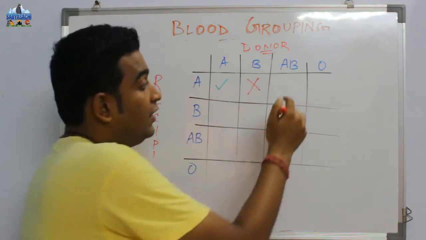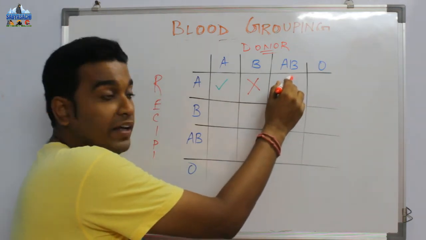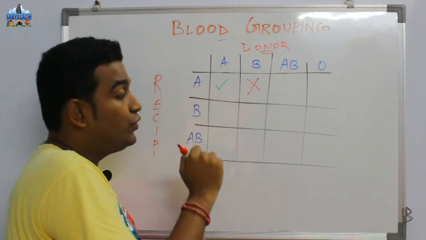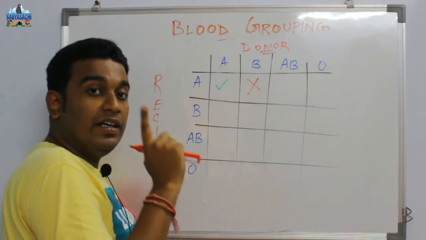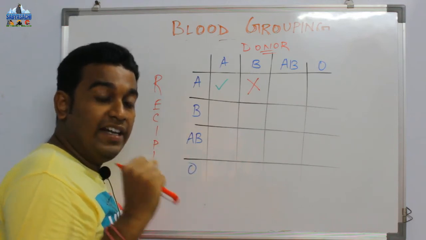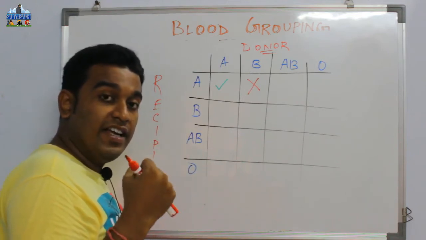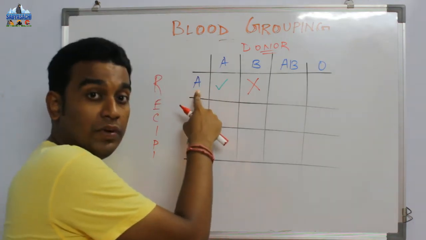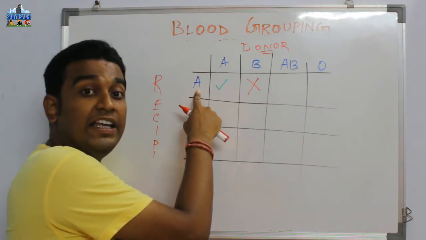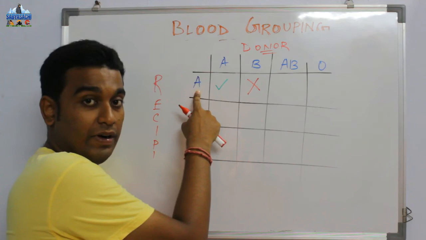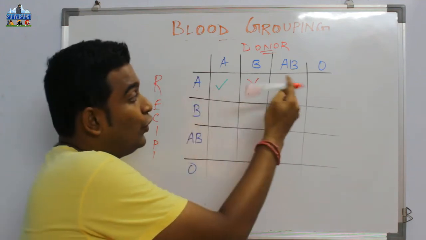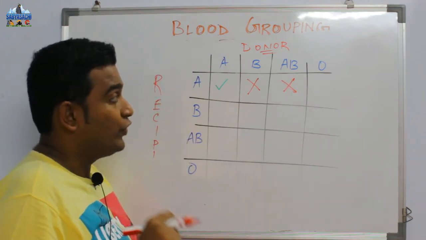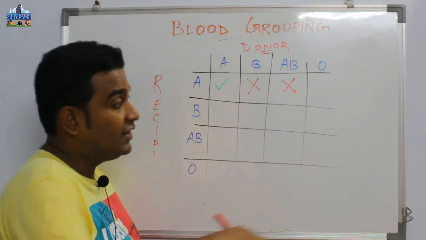AB. If AB blood is being donated to the A blood group, now you think AB has both the antigen A and antigen B. You come here, A blood group has anti-B antibody, if you remember. So transfusion is a big no. Once again, it's not possible, right?